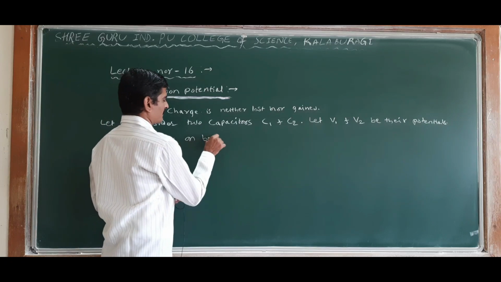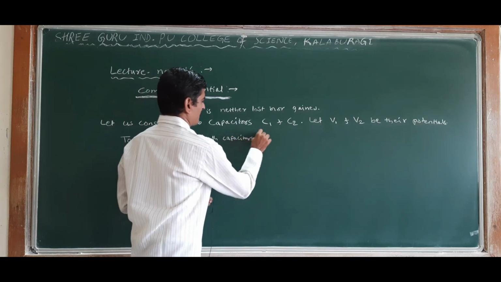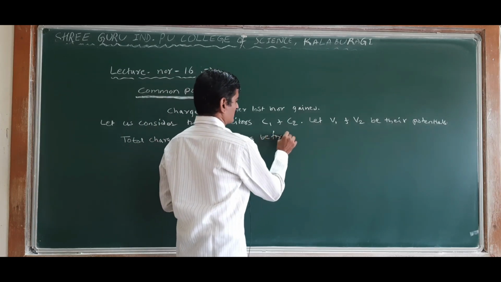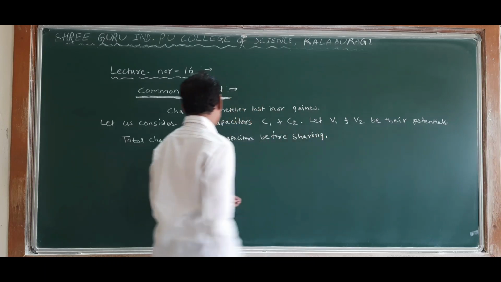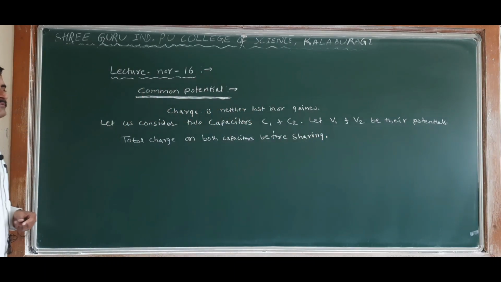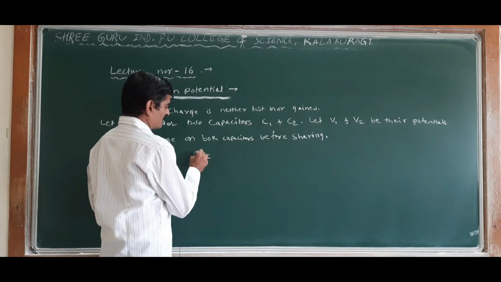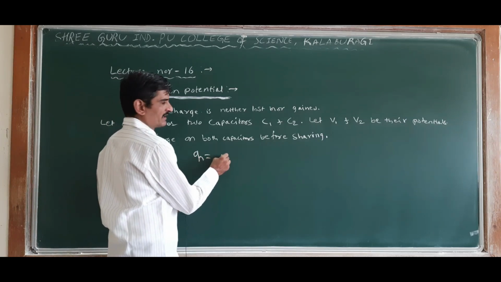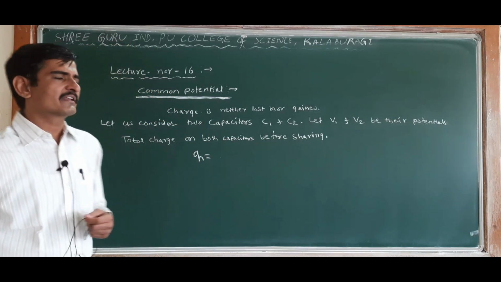Total charge on both capacitors before sharing is Q equal to Q1 plus Q2, where Q1 is the charge on the first capacitor and Q2 is the charge on the second capacitor.